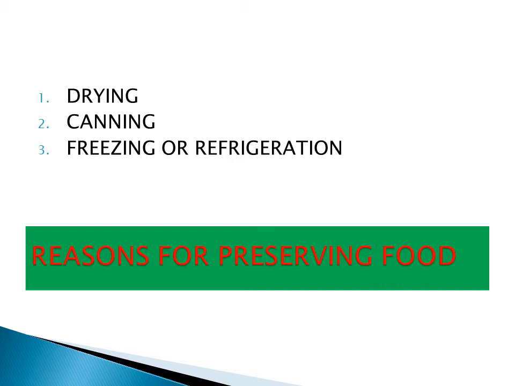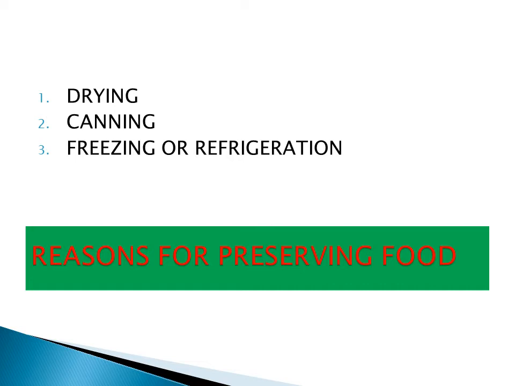Number 2, we have canning. Canning is a method of putting foods and drinks in bottles or cans. Canning is done in factories where food is heated under very high temperatures and cooled very fast to kill germs and remove air.